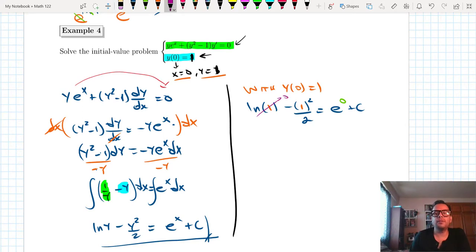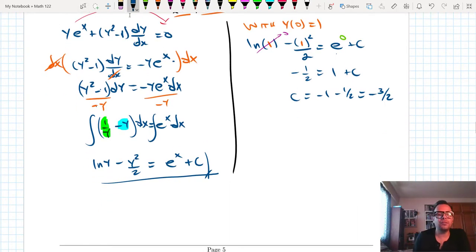Isn't that a 0? And then minus 1 squared over 2, which is just negative 1/2, equals e to the 0, which is 1, plus c. Okay, so when solving for c, the constant of integration, we get c equals negative 1 minus 1/2, which will add up to negative 3/2.